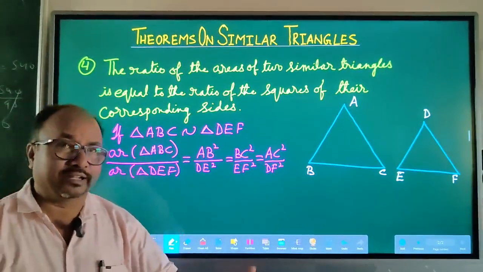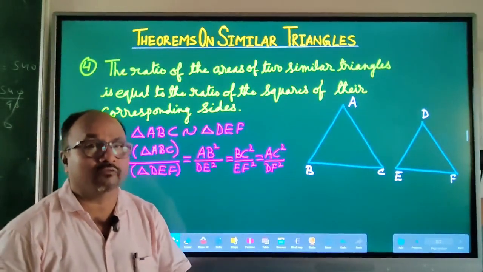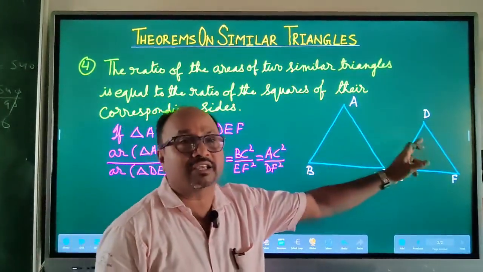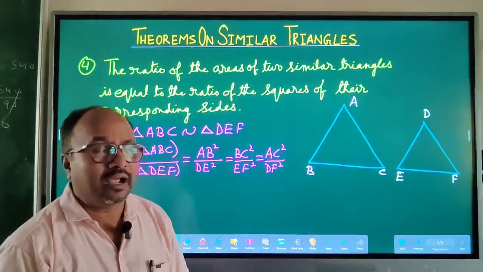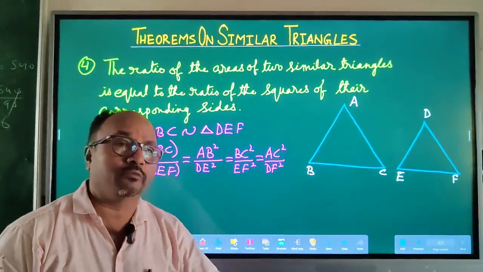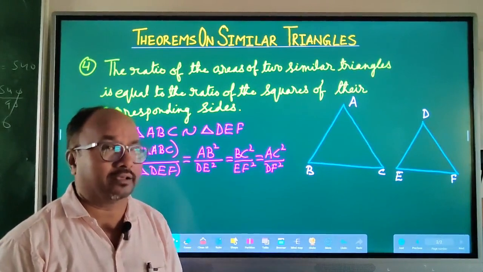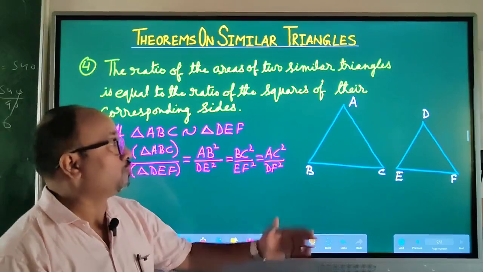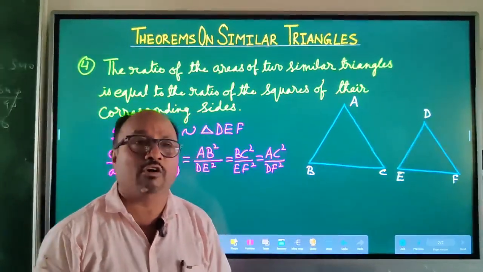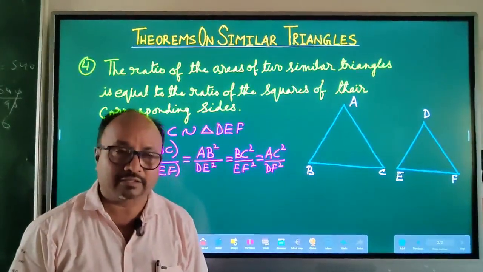So how will you get the sums here? The simplest sum in this will involve areas given of the two triangles, and any one side of one of the triangles is given, and you will be asked to find the corresponding side of the other triangle. Or you could be given the ratio of the sides and asked to find the ratio of their areas.